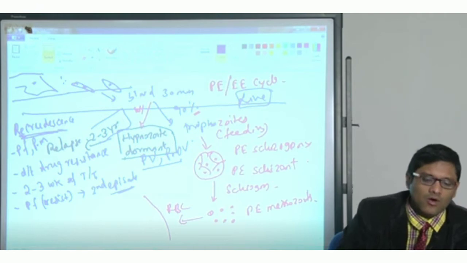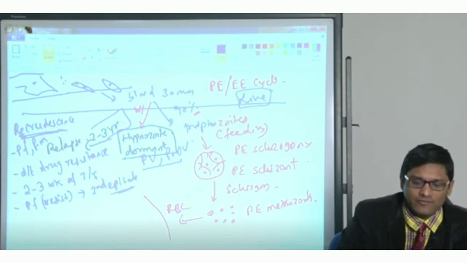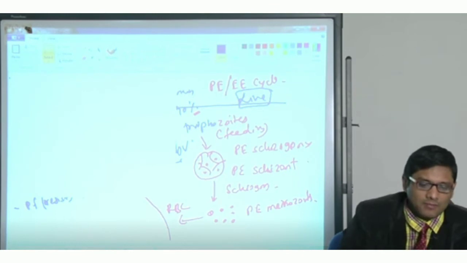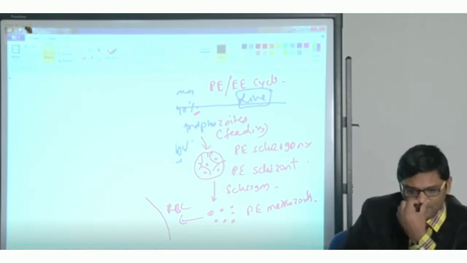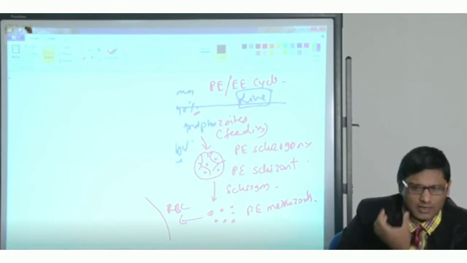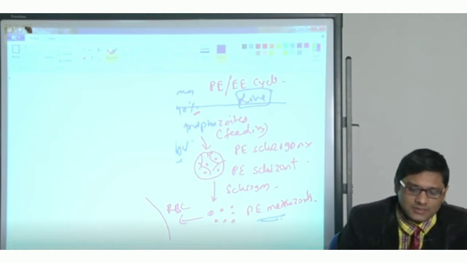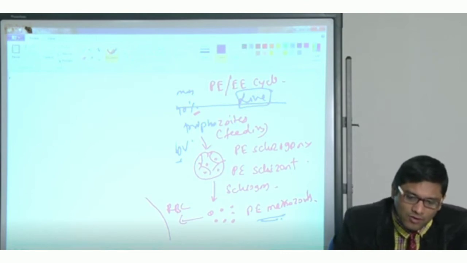So now come back to the life cycle, because we have discussed only half. Let us discuss the other part of the life cycle, RBC cycle. So which is the infective form to RBC? Pre-erythrocytic merozoites. Inside RBC, the pre-erythrocytic merozoites will grow to form trophozoites.